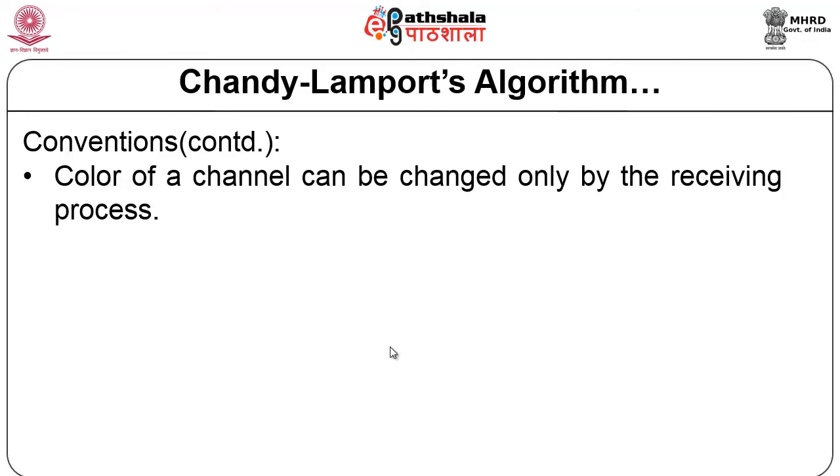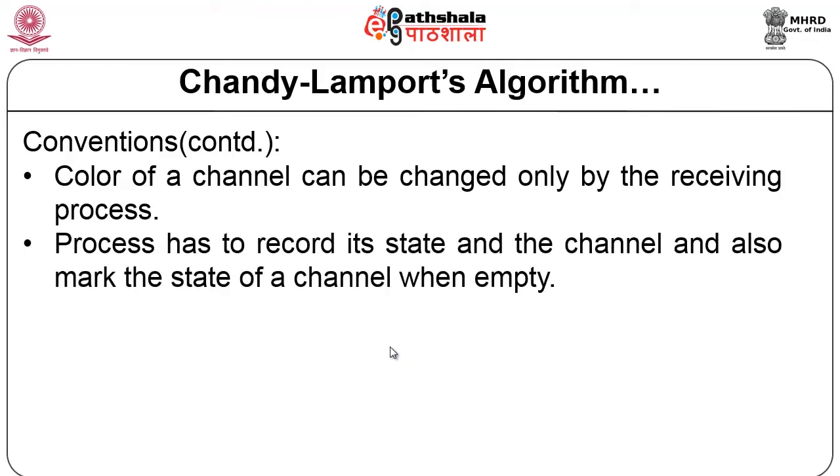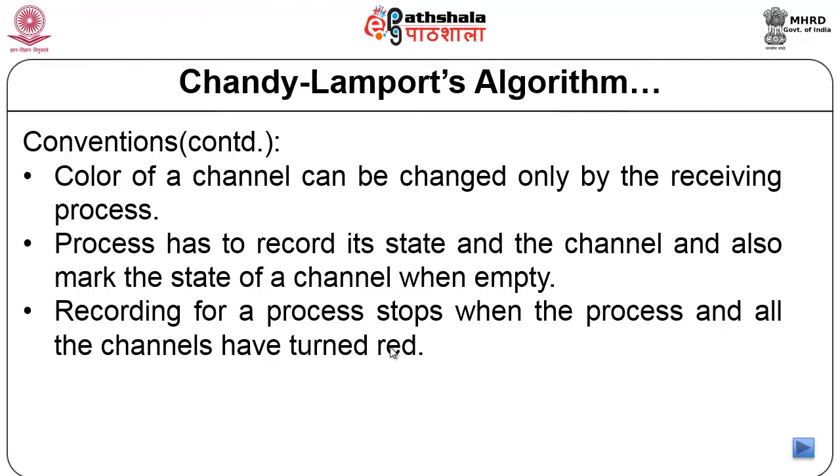Every channel will have two processes involved, and the channel color can be changed only by the receiving process. The process records its state and records the channel and also changes the color, and the recording for the overall system stops if all the processes and the channels have changed the color.